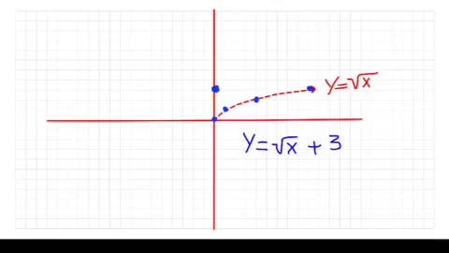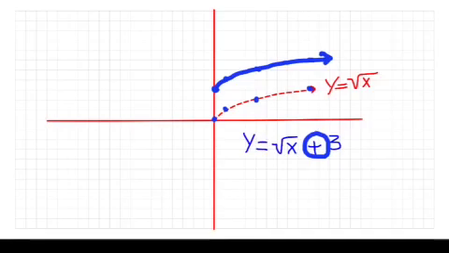And then each subsequent point will also be moved up 3, like this, here, and here, and here. Then I'm going to just sketch the new graph. Notice the graph shape is the same, but it has just been moved upward 3. Had this sign right here been negative instead of positive, then the graph would have moved down 3.